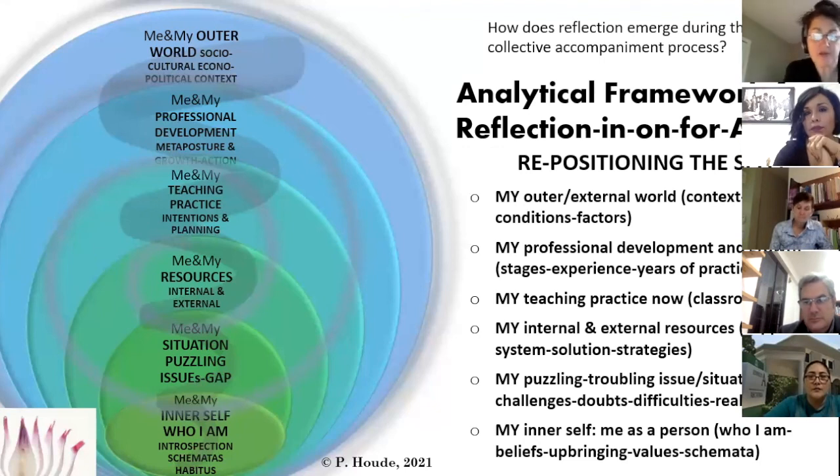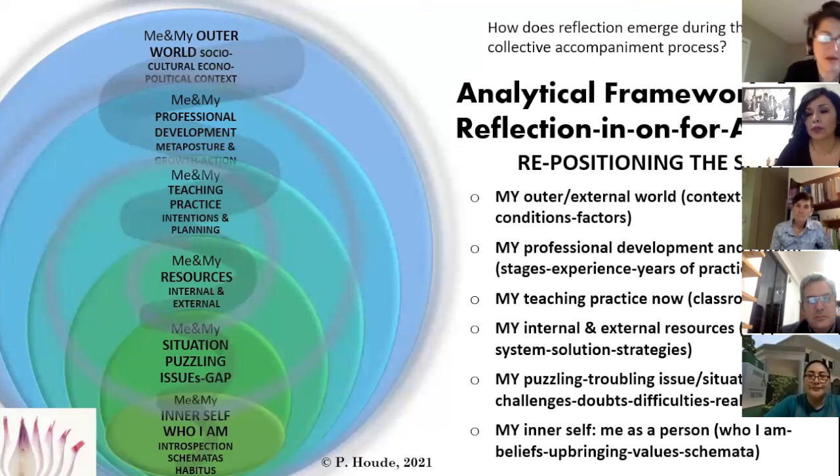And then there's the puzzling. We always start from the puzzling or troubling issue and situation. So there's obviously a gap between the reality and the actual practice, what's going on in the classroom, which creates doubts and difficulties. And we come to realizations because something is not working for us.